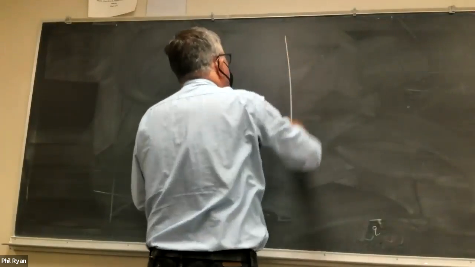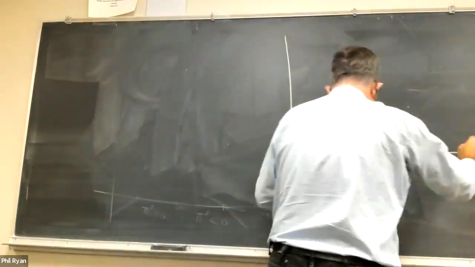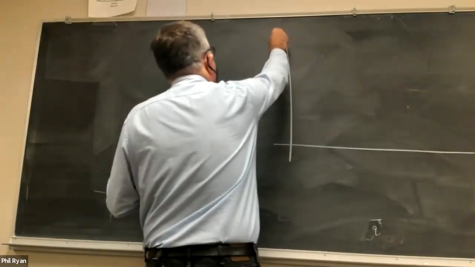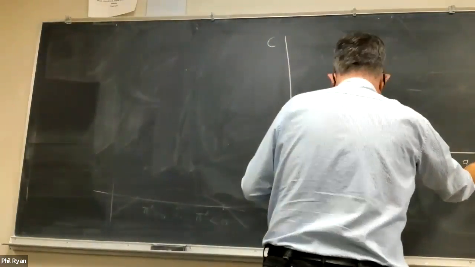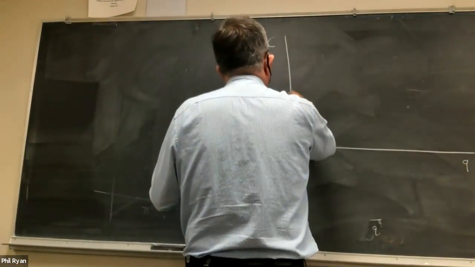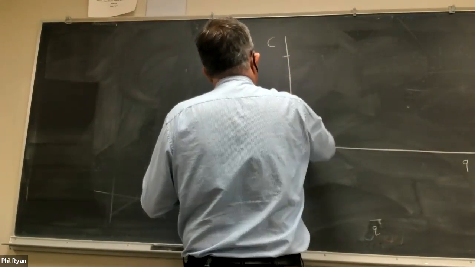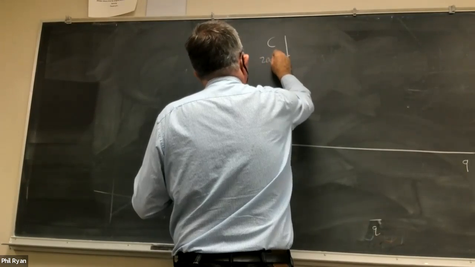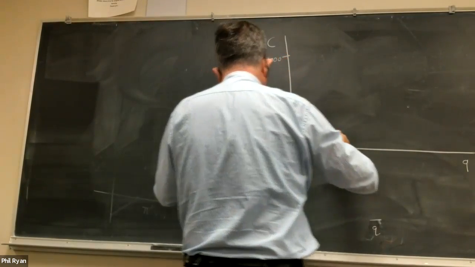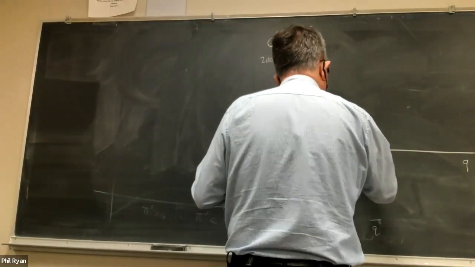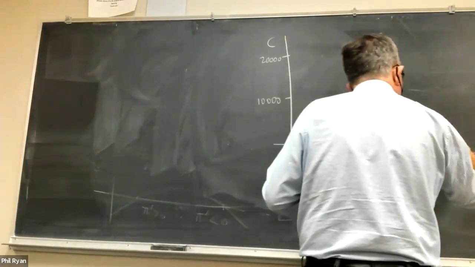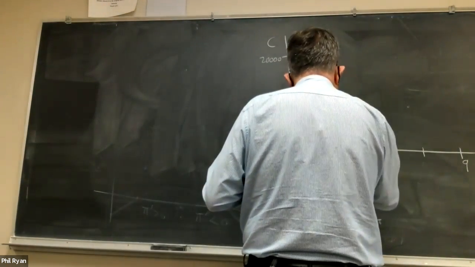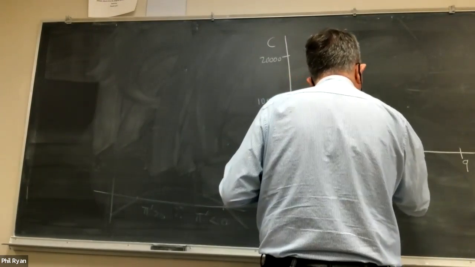Let's do an example of a question. Here's a graphical question for you. Here's a cost function. So let's actually put numerical values: 10,000, 1,000, 2,000.